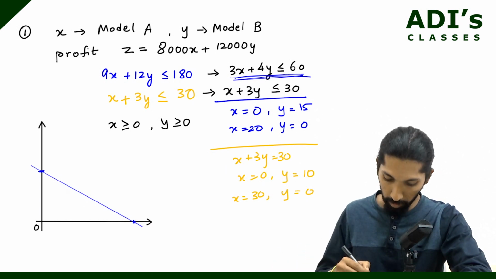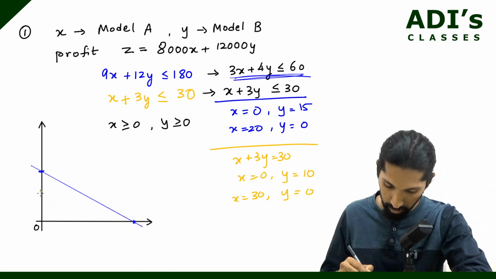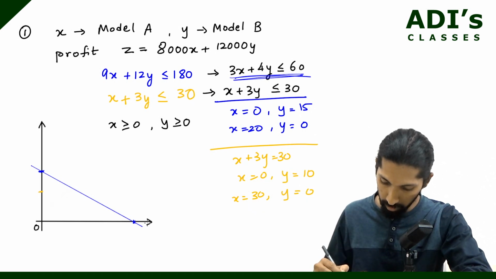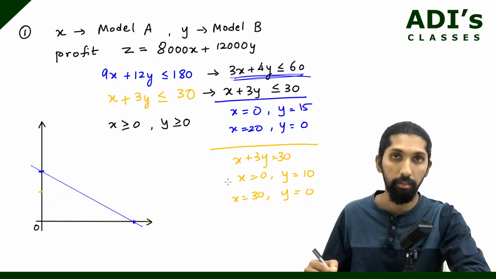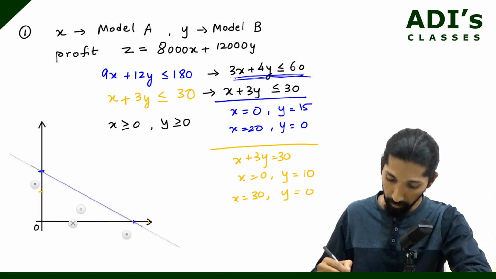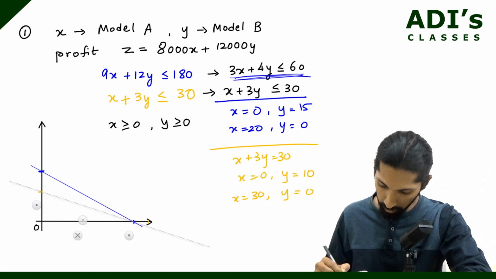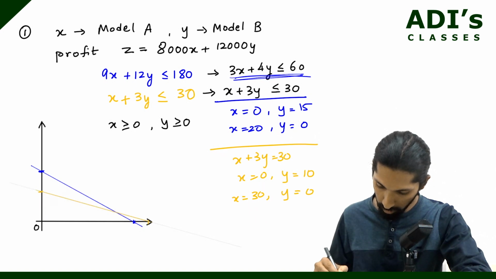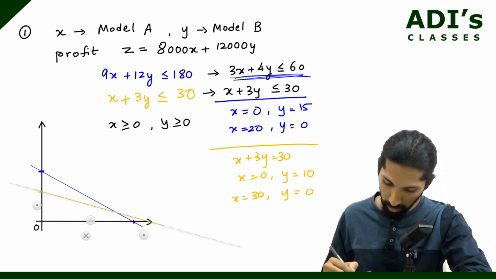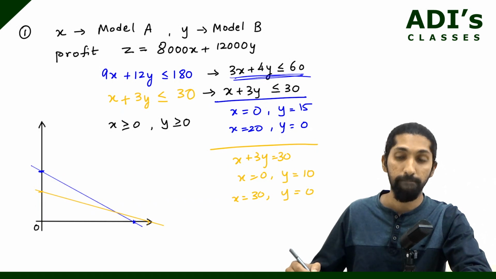The next point is going to be 30, somewhere over here, right? Now again, you take this here and this here. So this is the line, correct?